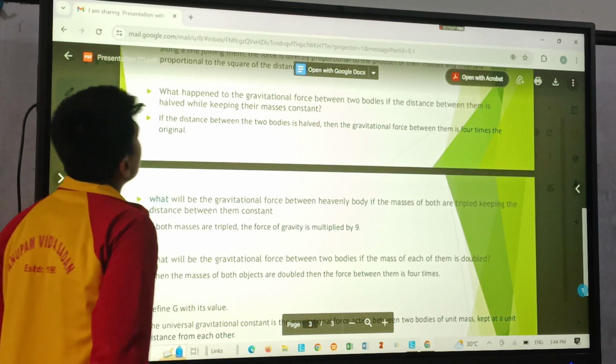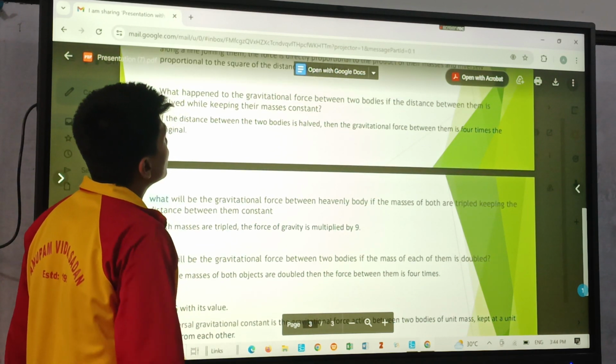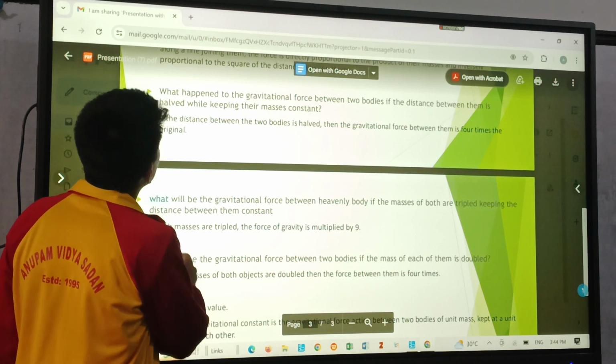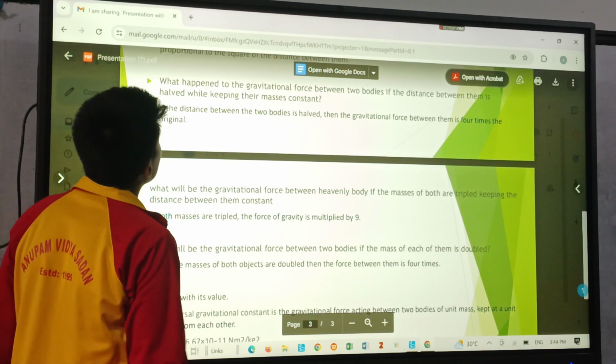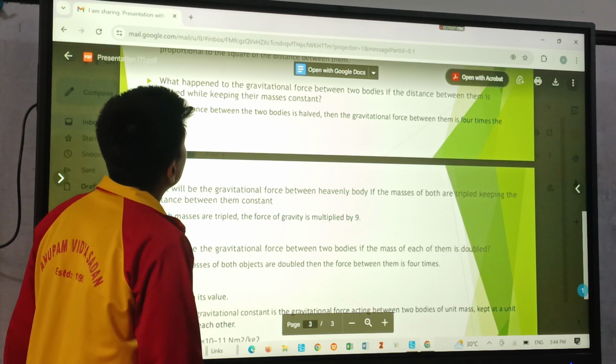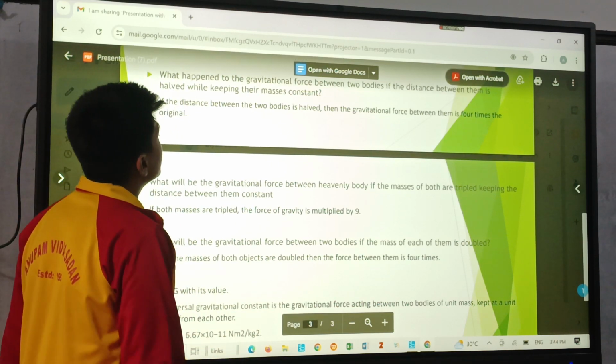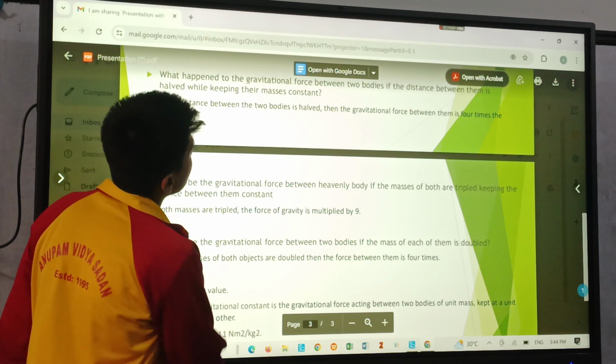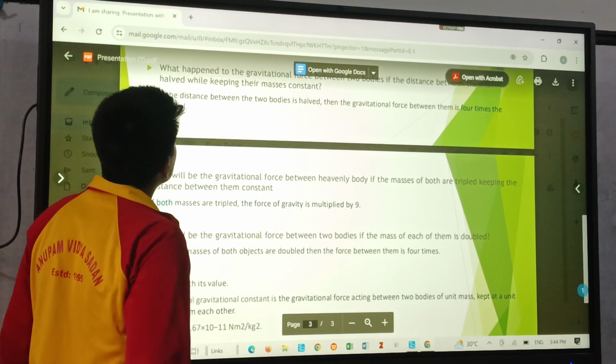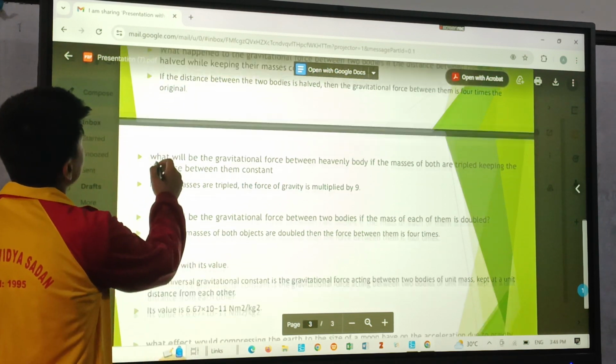What happens to the gravitational force between two bodies if the distance between them is halved, keeping the masses constant? If the distance between the two bodies is halved, then the gravitational force between them is 4 times the original.